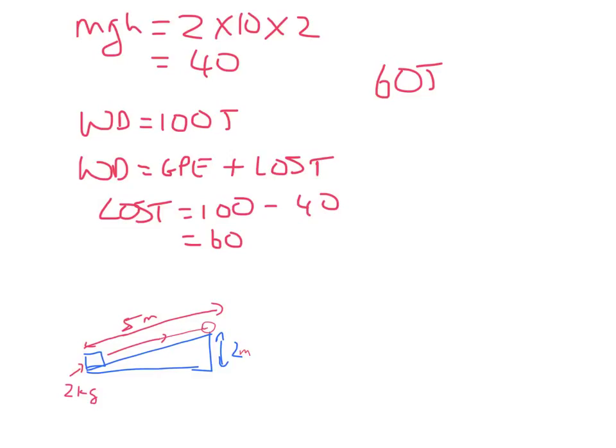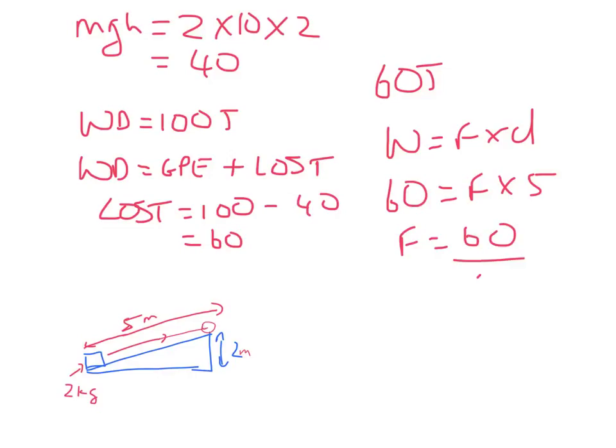We can actually work out the force of friction. Again, the energy lost or energy transfer is still work. It's force times distance. So 60 joules is the energy transferred or lost due to friction, equals F, and the friction occurs over a distance of 5 meters. So times 5. Rearrange this, it's 60 over 5, which is 12 newtons.